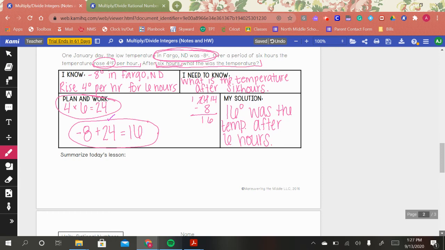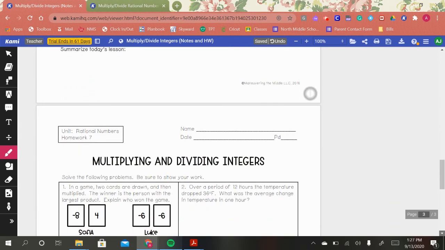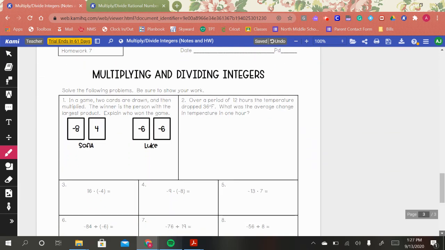All right, we're going to take just a quick scroll to the assignment that you will be getting graded on. So question number 1, you are going to determine who the winner is, and you need to explain that. So use some sort of words there, please. Here you're finding the temperature change per 1 hour.